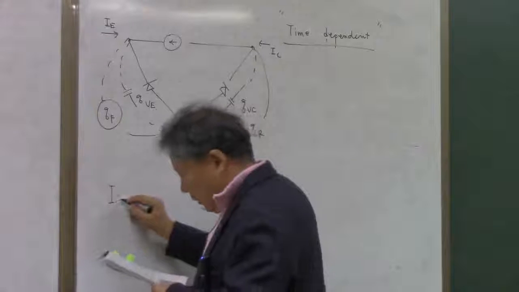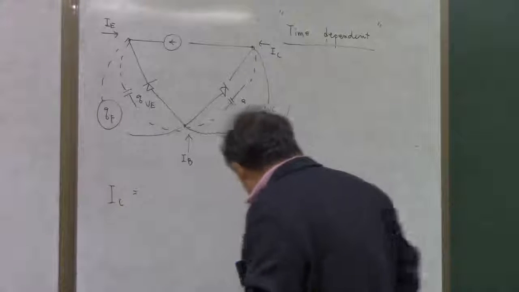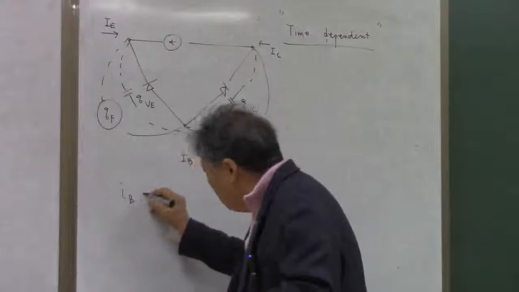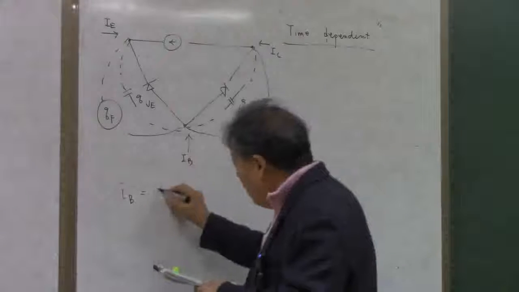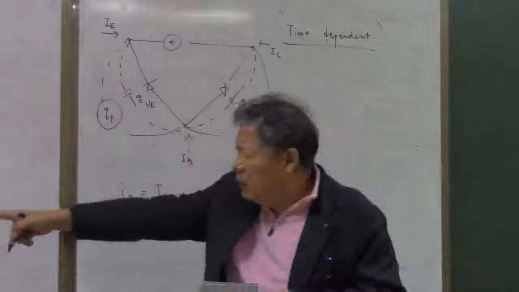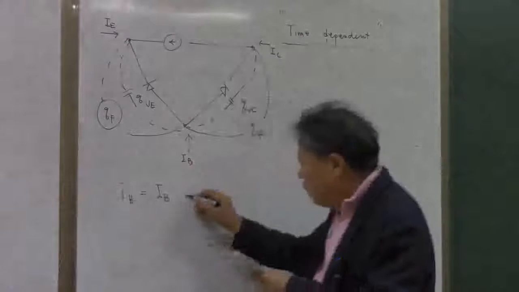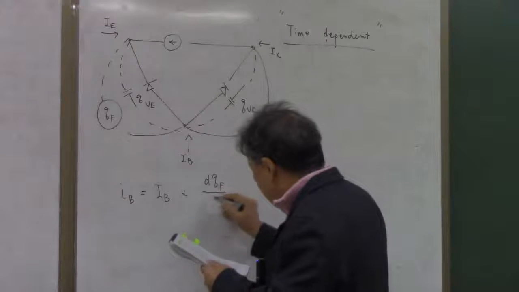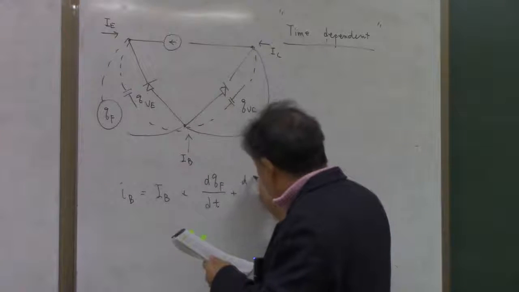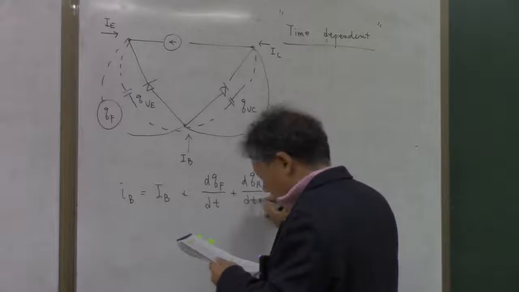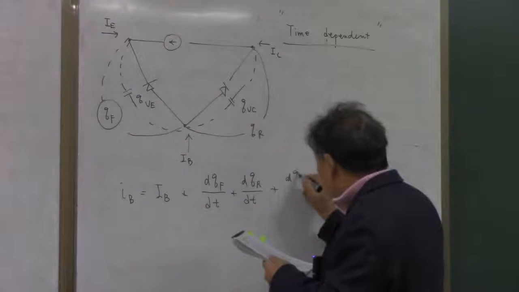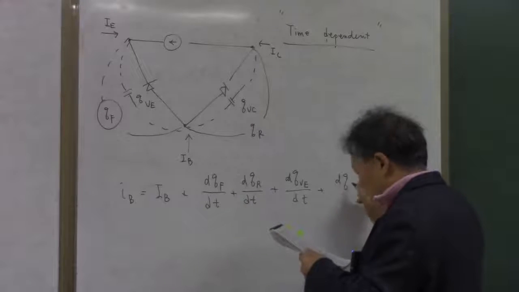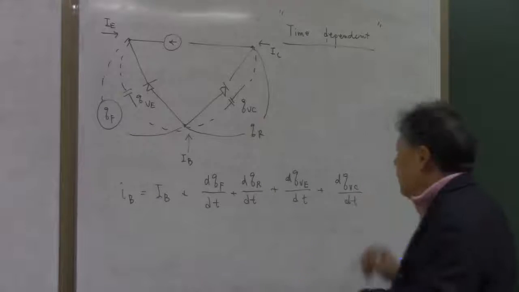So now the equation is going to be, if you think about time-dependent terms, the base current: you just have the DC term here plus dQF over dt and dQR over dt, and then dQVE over dt, and then dQVC over dt.